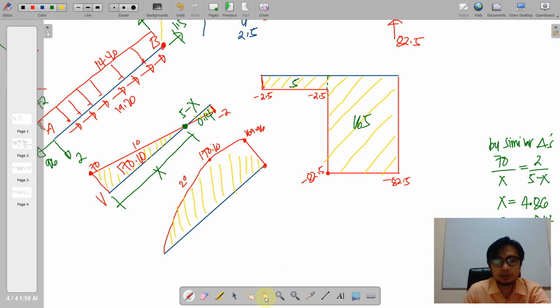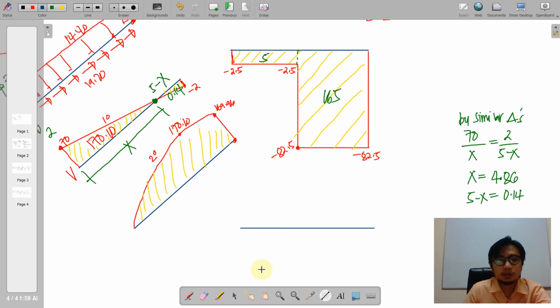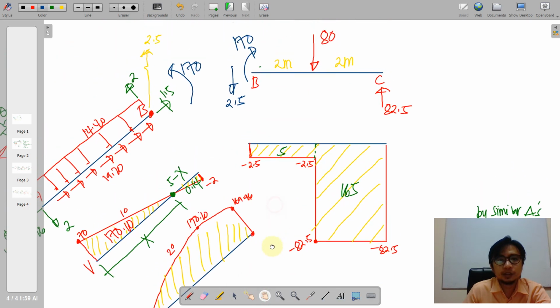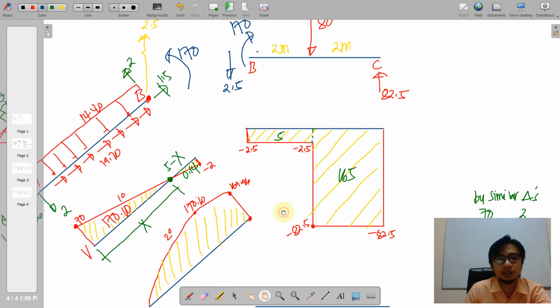Moving on to the other member here, we have this as our beam, and then we start with the 170 couple here. And of course, the 170 is obviously pushing or orienting our member BC outwards. When we have an outwards, that is denoted by a positive couple.